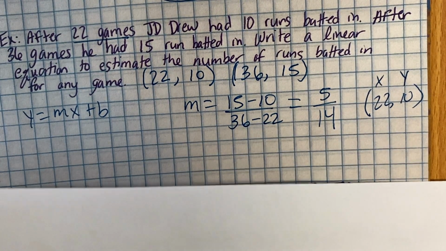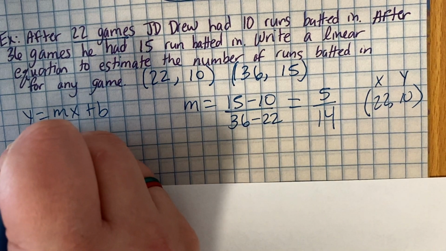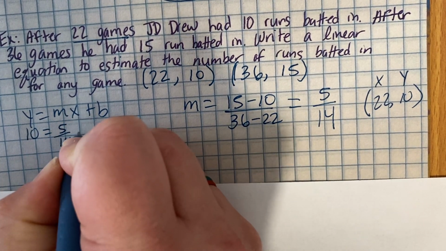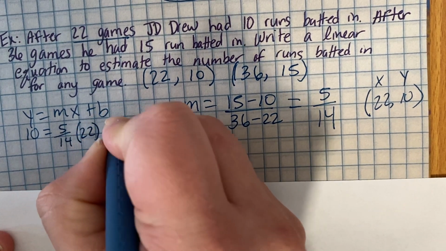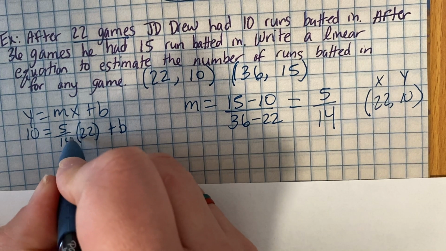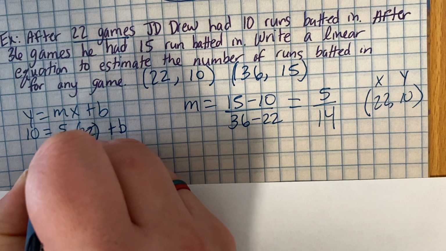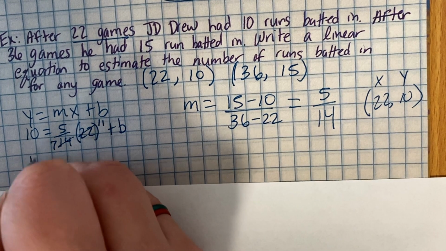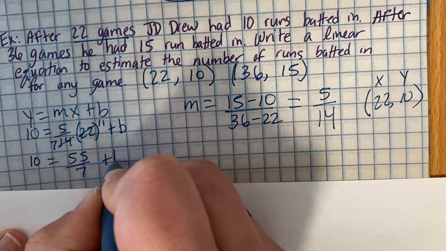So I'm going to plug in a y was 10. My m is 5 over 14. My x is 22 plus b. Okay, so I can reduce this here by 2. So I would have 7 over 11. So I'll have 55 over 7 plus b.